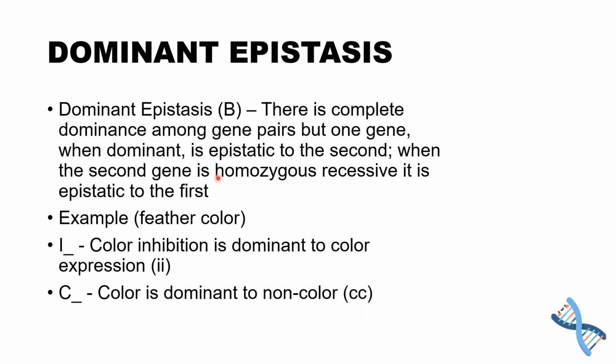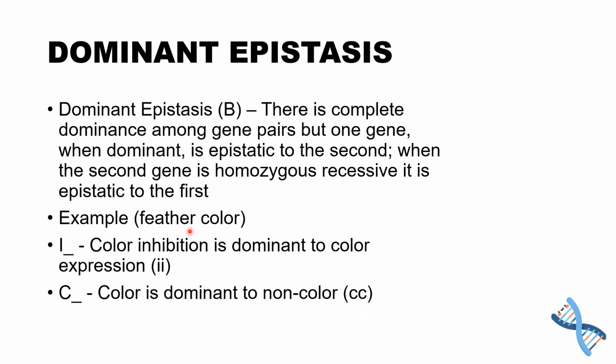So, parang medyo confusing to. So, sinasabi daw na there is a complete dominance among gene pairs. Pero, pag yung isang gene, if dominant siya, it is epistatic to the second. Tapos, when the second gene naman is homozygous recessive, it is epistatic to the first.